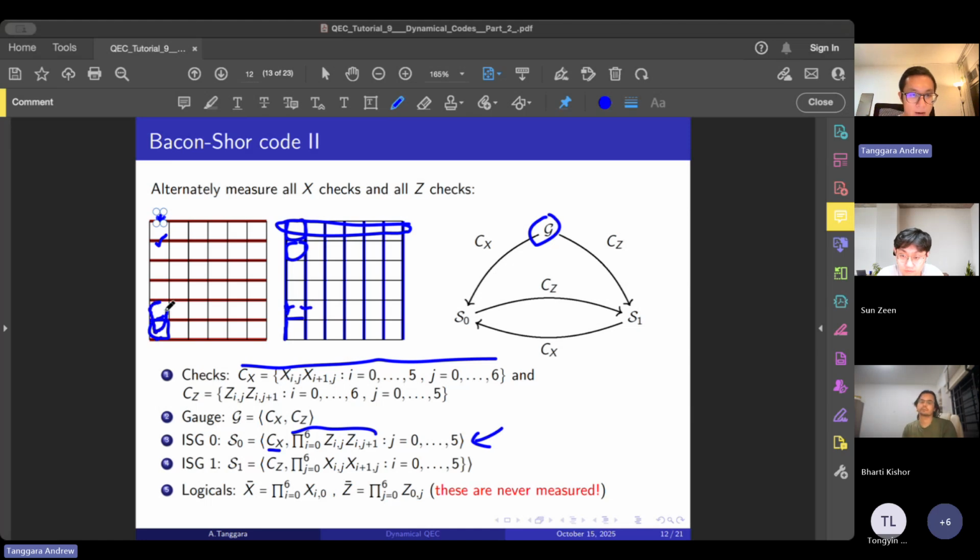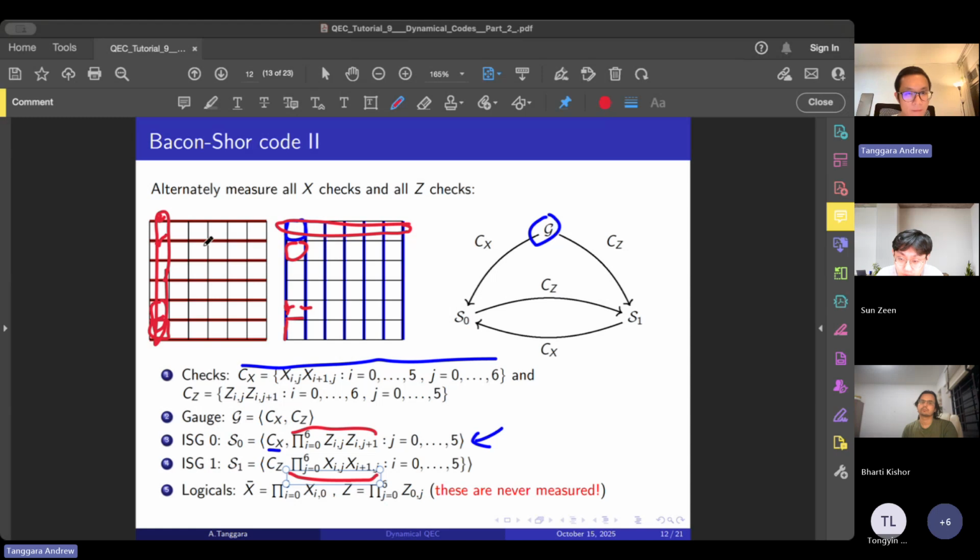Then I combine all these X stabilizers and keep iterating the update rule. Then you end up with this column of X's, and that's this X stabilizer.